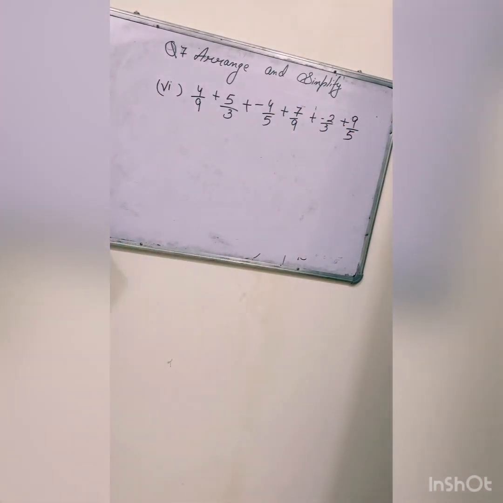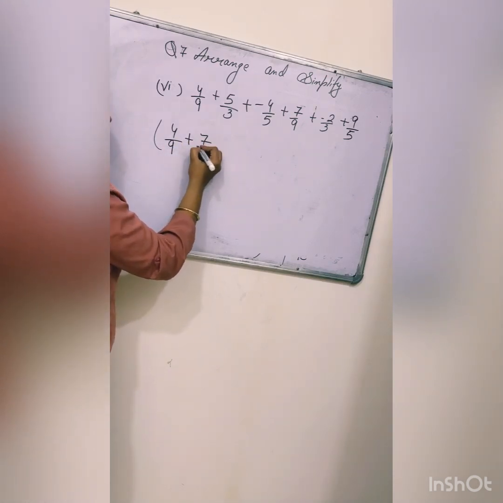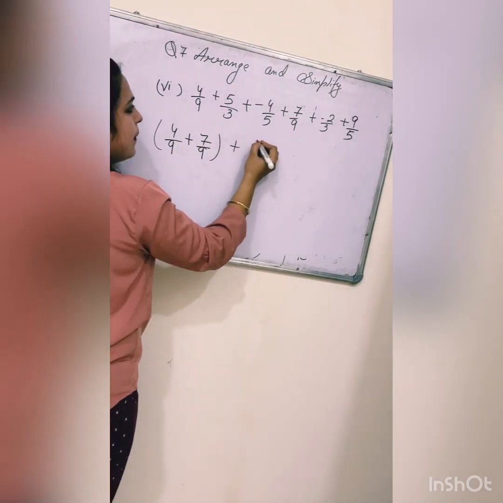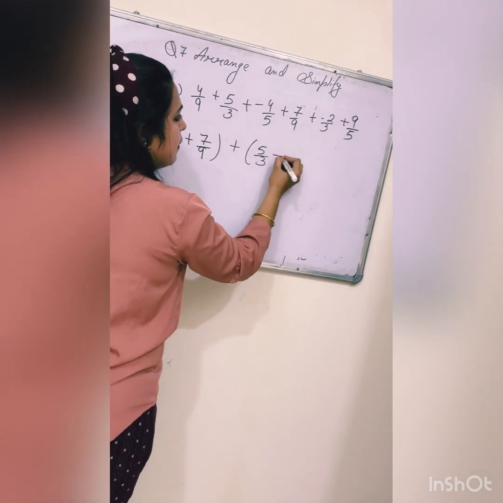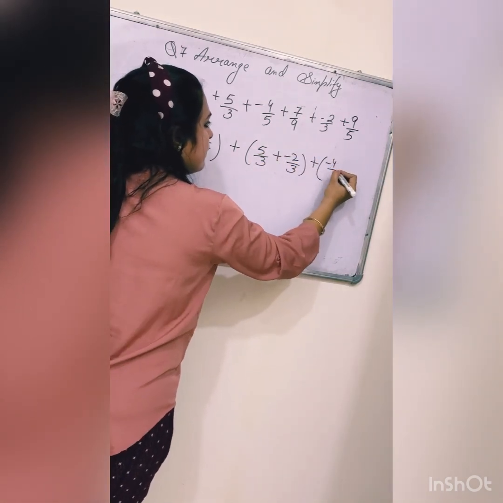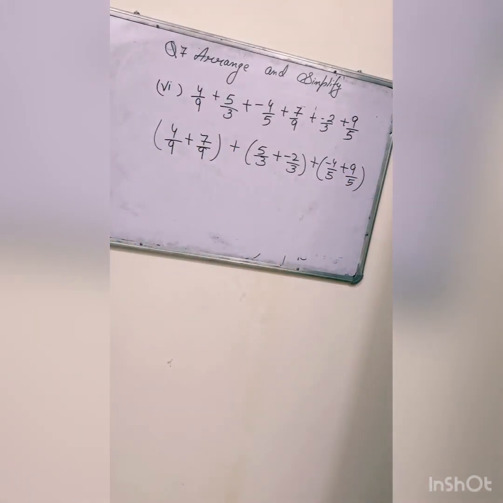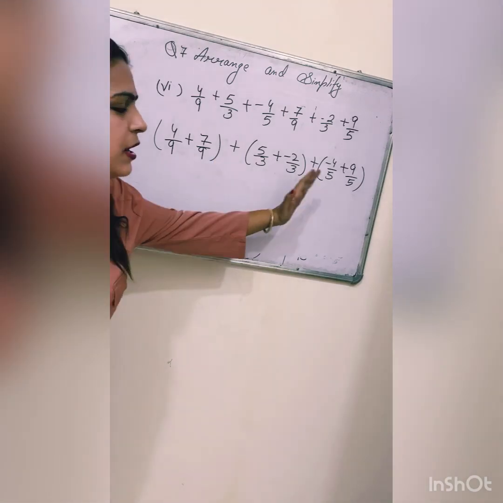Again, we can see that there are numbers having the same denominators. We have to arrange them. The same denominators we can put together like this. Here we have placed together the numbers having the same denominators.